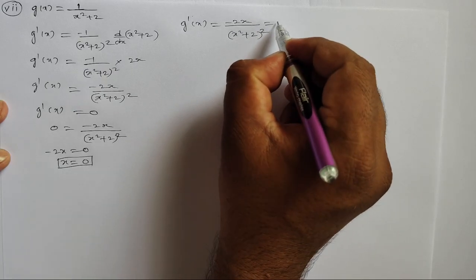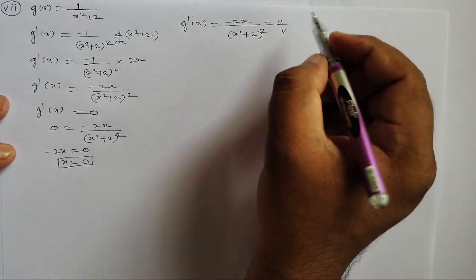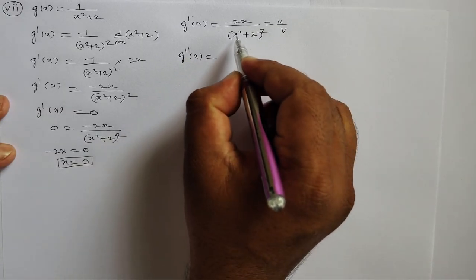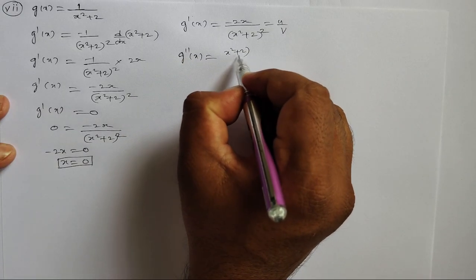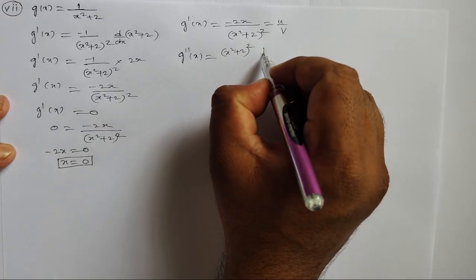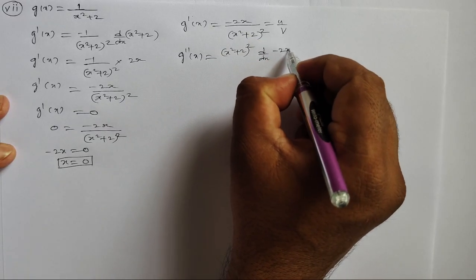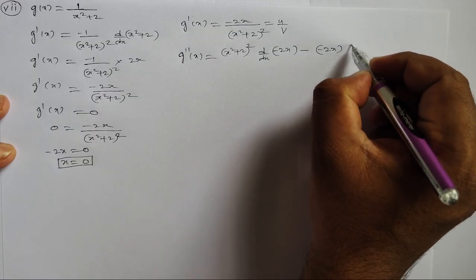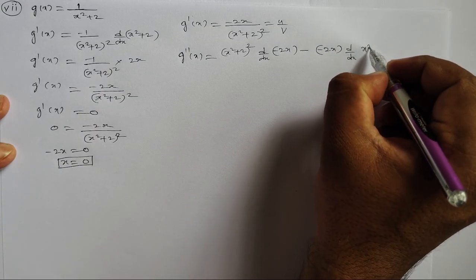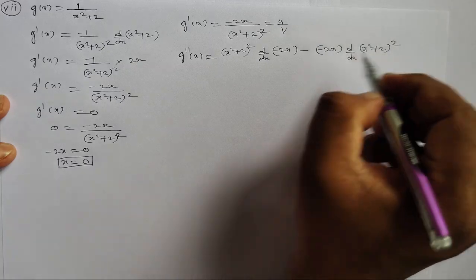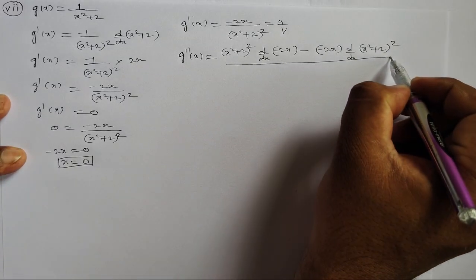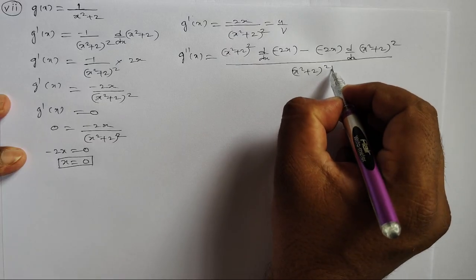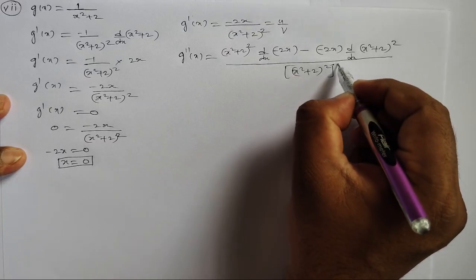So by using the u by v formula, the derivative g double dash of x is equal to v as it is, x square plus 2 whole square, into the derivative of u, d by dx of minus 2x, minus u as it is, minus 2x, into the derivative of v, x square plus 2 whole square, divided by v square, x square plus 2 whole square raised to square again.